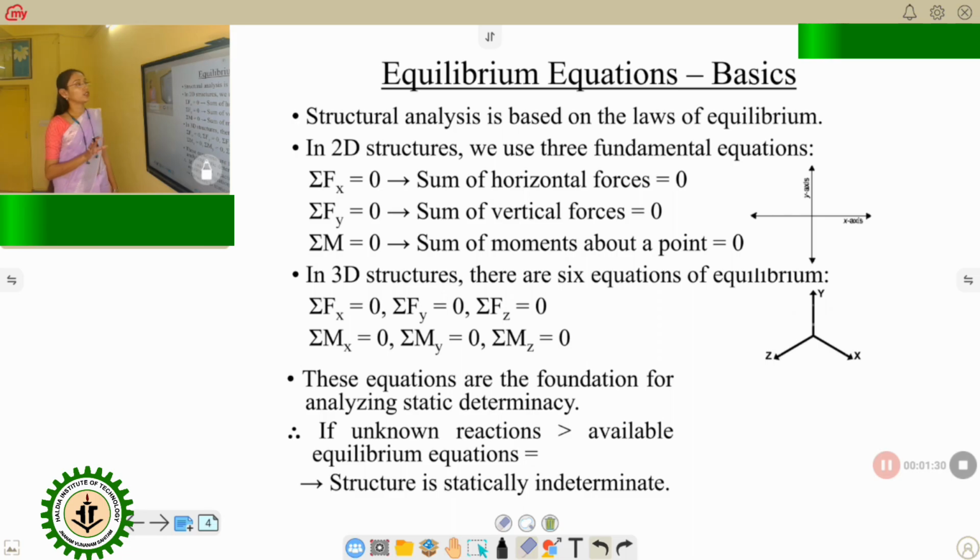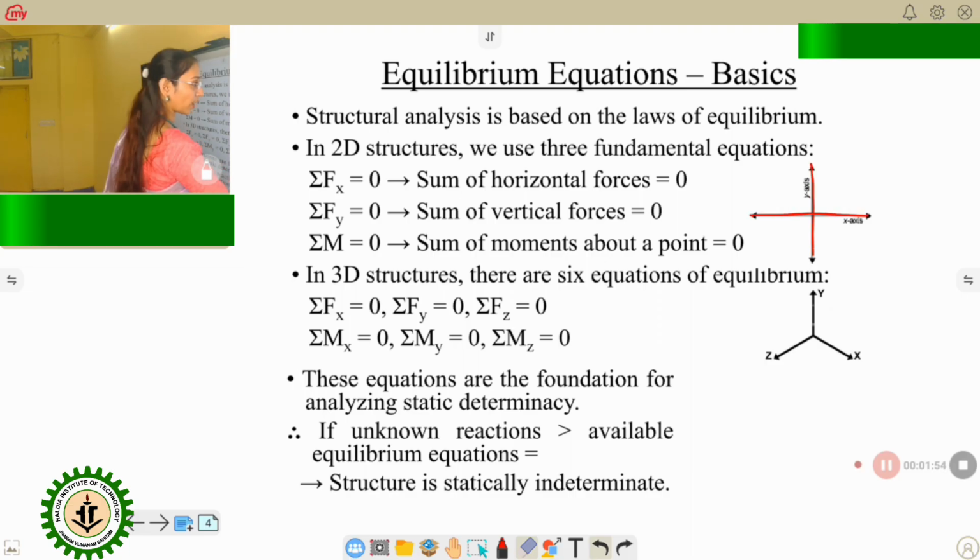The first thing we need to learn is the equilibrium equation. That is the basis of everything in mechanics. We all know that the equilibrium equations are the three fundamental equations for 2D: summation of Fx equals 0, summation of Fy equals 0, and moment equals 0. When a 2D axis is shown, with x-axis and y-axis, the first fundamental equation is summation of Fx equals 0.